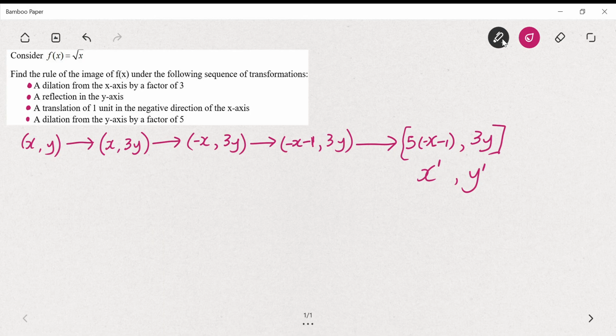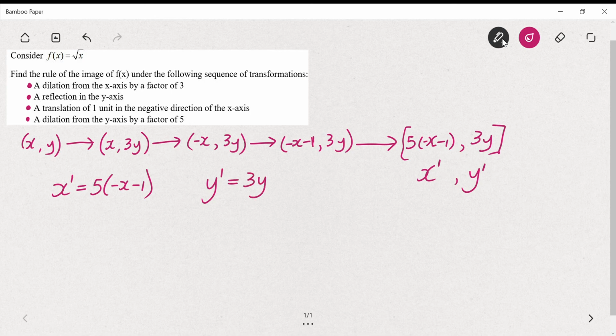Well, if that's the case, then I can say that x prime is equal to 5 times negative x minus 1, and I can say that y prime equals 3y. So that's how our image point was generated.